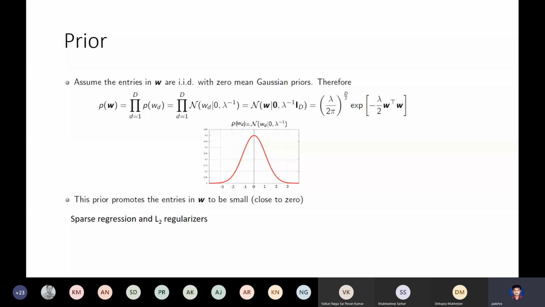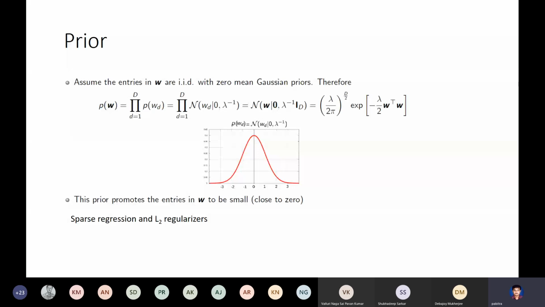W is a vector, W1, W2 up to Wd. We say each of the components of this vector is a univariate normal with mean 0 and variance lambda inverse.